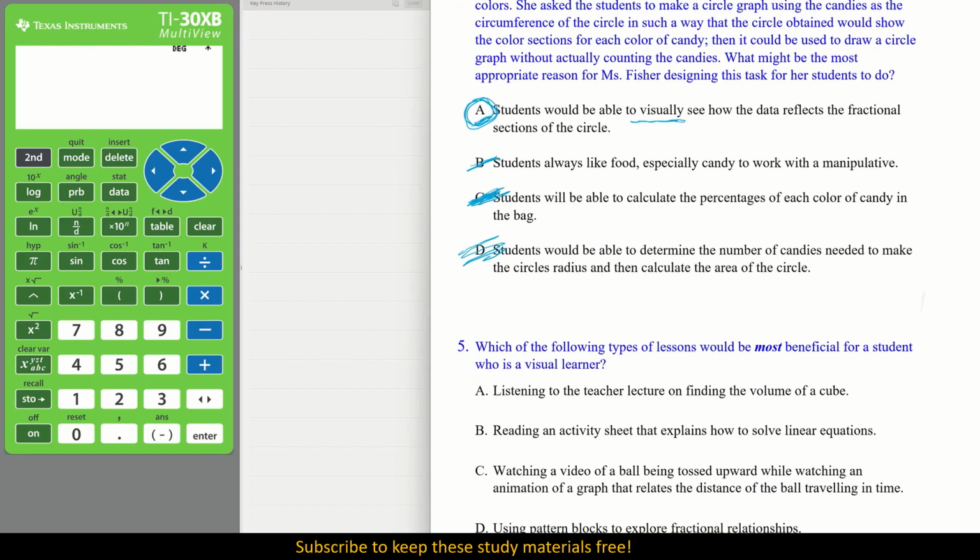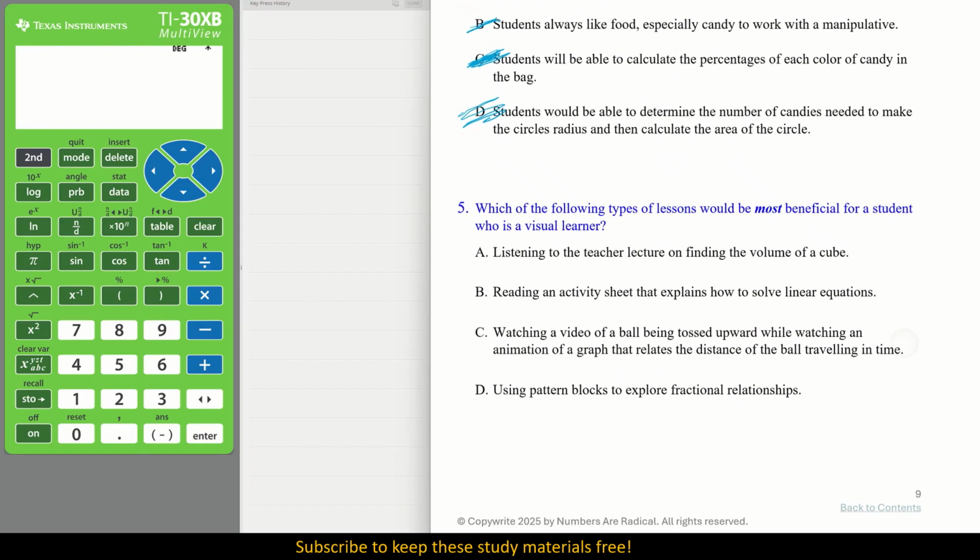All right, let's look at number 5. Which of the following types of lessons would be most beneficial for a student who is a visual learner? Okay, A, listening to the teacher lecture. Right off it says listening. That has nothing to do with visual. And then B says reading an activity sheet.